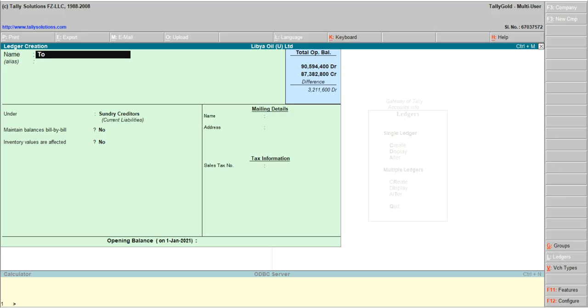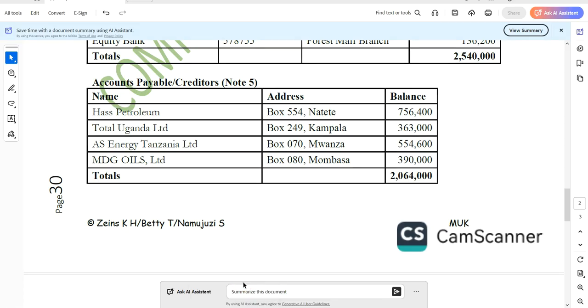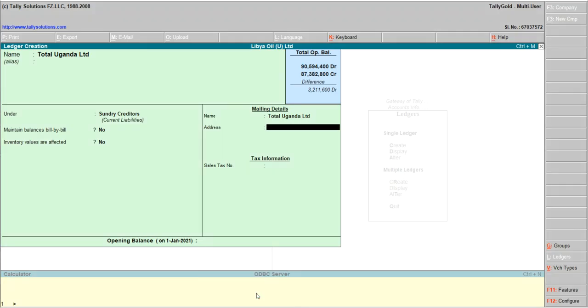Next is Total Uganda Limited. What's the address? That's box 249 Kampala.